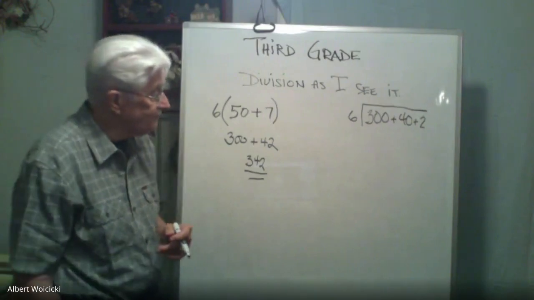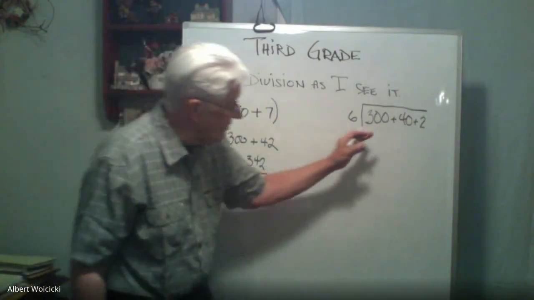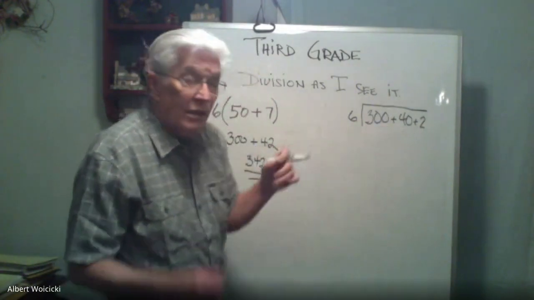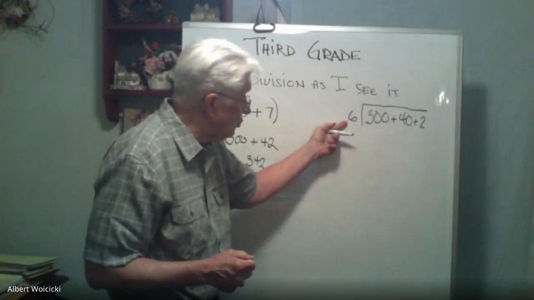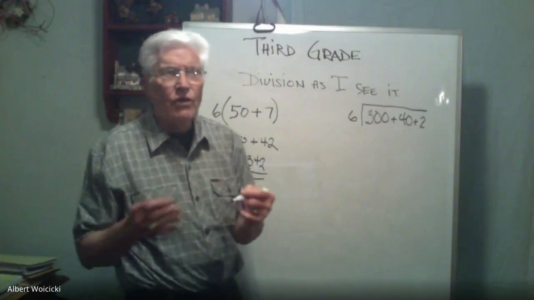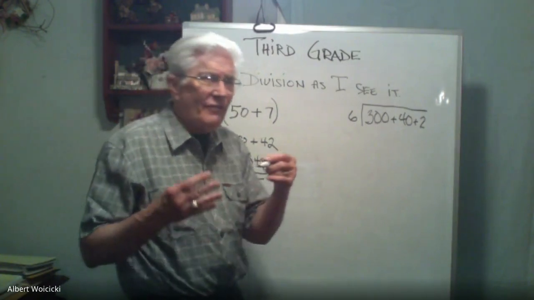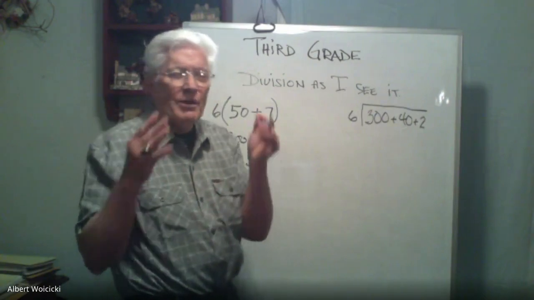But now we have to divide. So the guy under the hat is going to get asked, how many times can I put him into this? Well, 6 goes into 300. Well, we have to think of, okay, so that's a lot of numbers, but wait a minute.